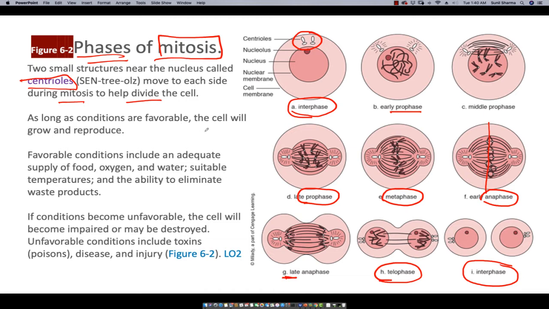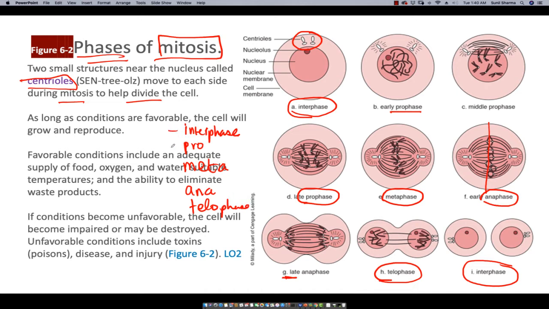So I don't think these are on your test or that you're required to remember, but in case you do want to learn, then you have your interphase, then you have your prophase, and you have your metaphase, and then you have your anaphase, and you have your telophase.